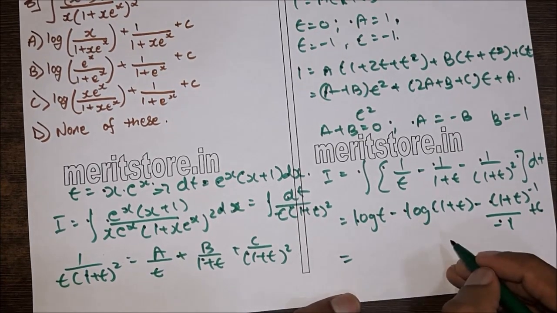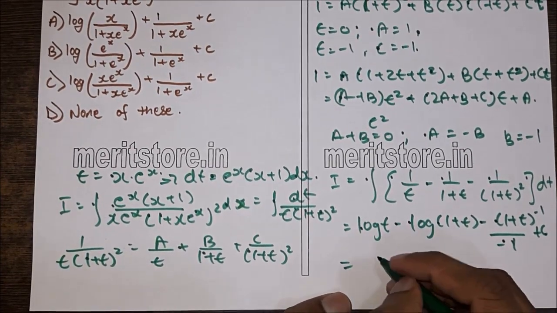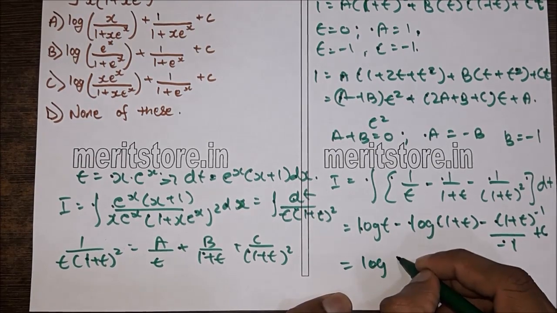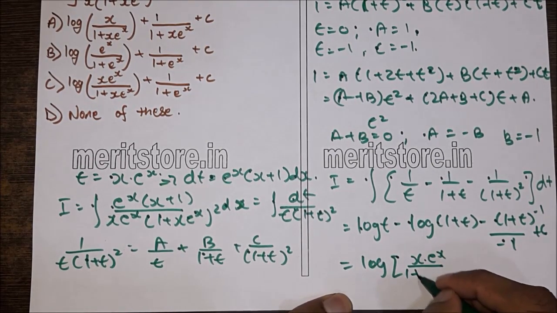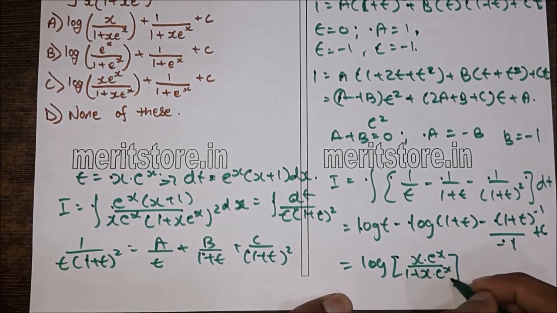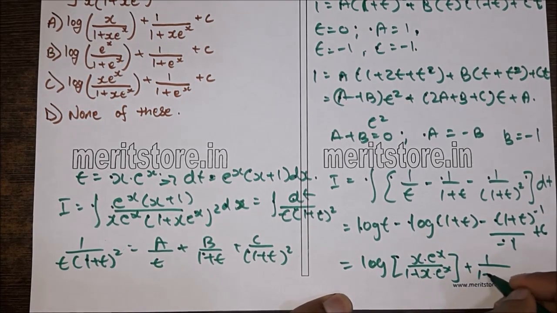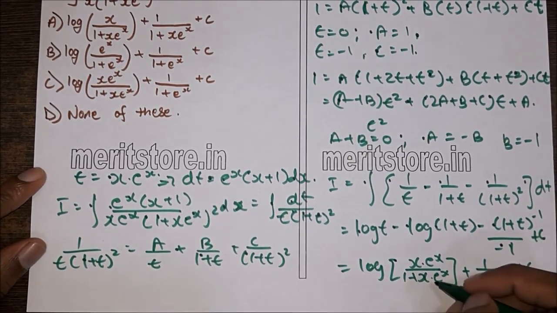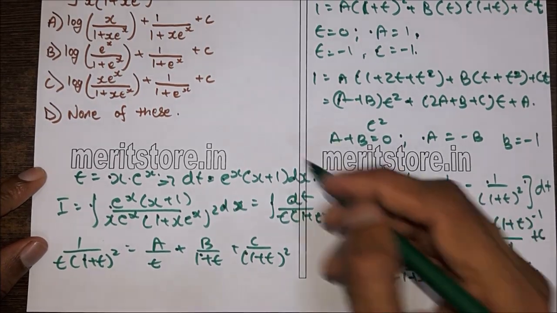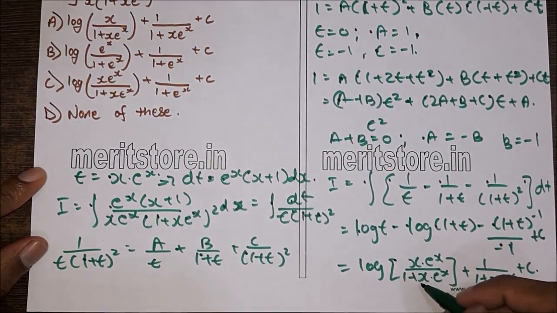Further, we resubstitute the value of t back as x into e raised to x. We get log x into e raised to x upon 1 plus x into e raised to x plus 1 upon 1 plus x into e raised to x plus c, which is our option, if we see, matches with A, that is log x upon.